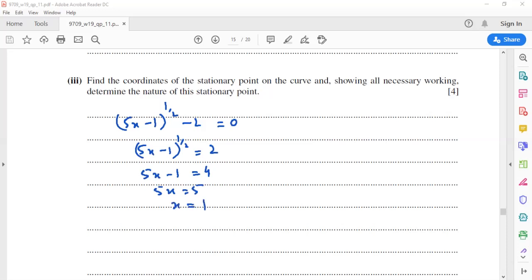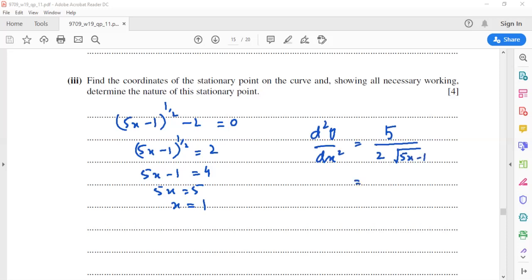Now for finding the stationary value, we have found x, and we need the coordinates of the stationary point on the curve. So let's place this value of x equal to 1 in the original curve to find the value of y. And for finding the nature, we have d2y over dx square, which we found earlier, and that was 5 over 2 square root of 5x minus 1.